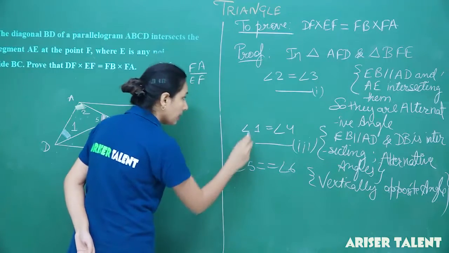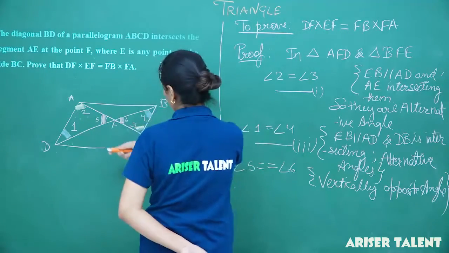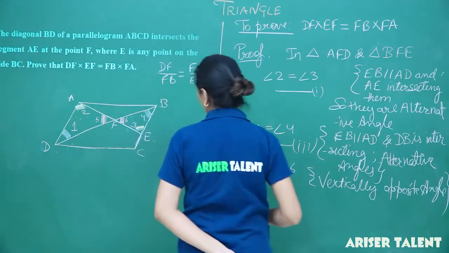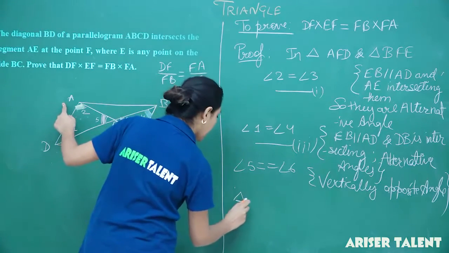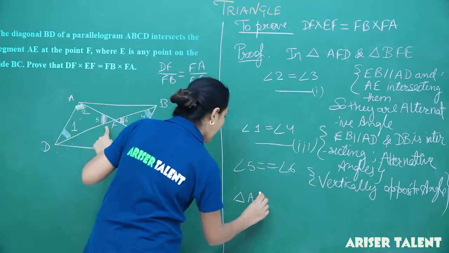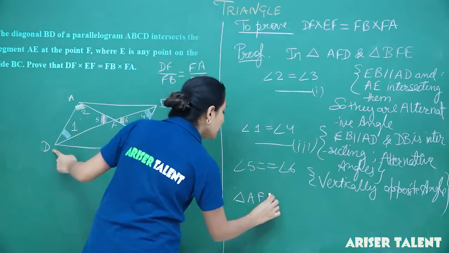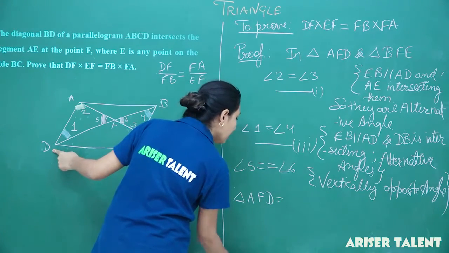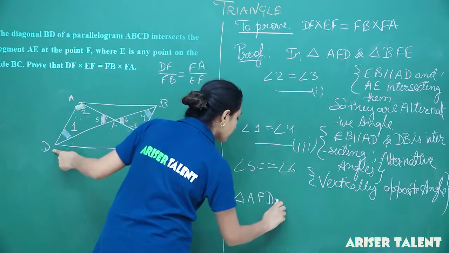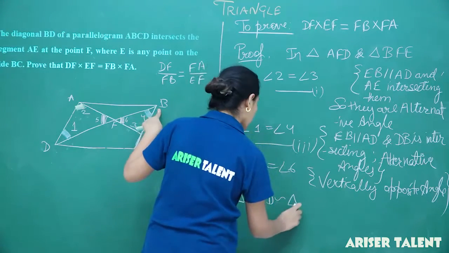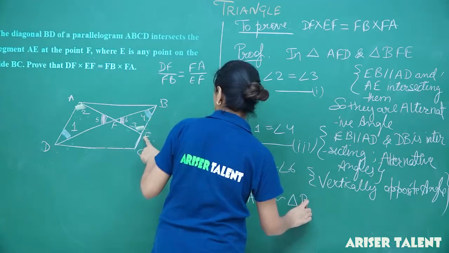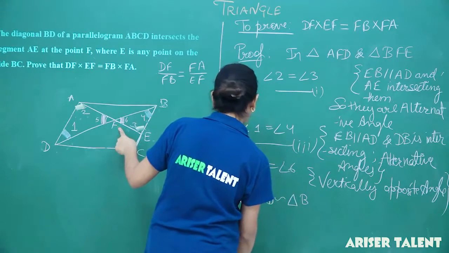So, because these three angles are equal to these three angles, we can write that triangle AFD is similar to triangle EFB.